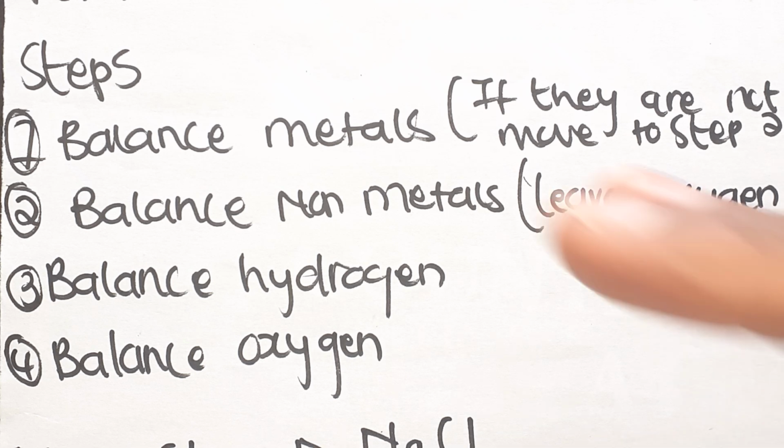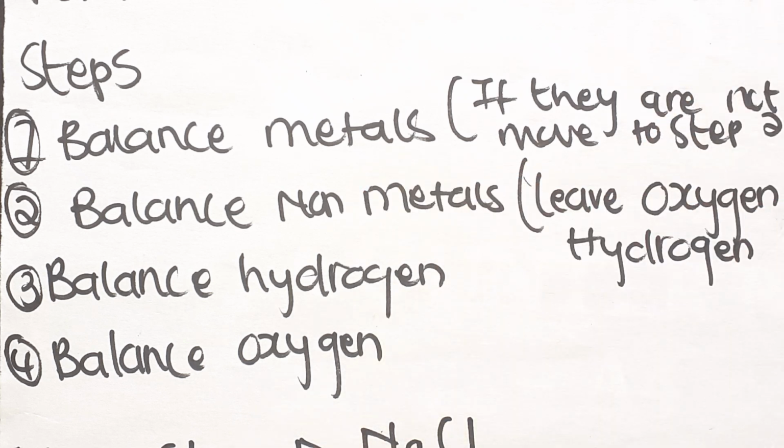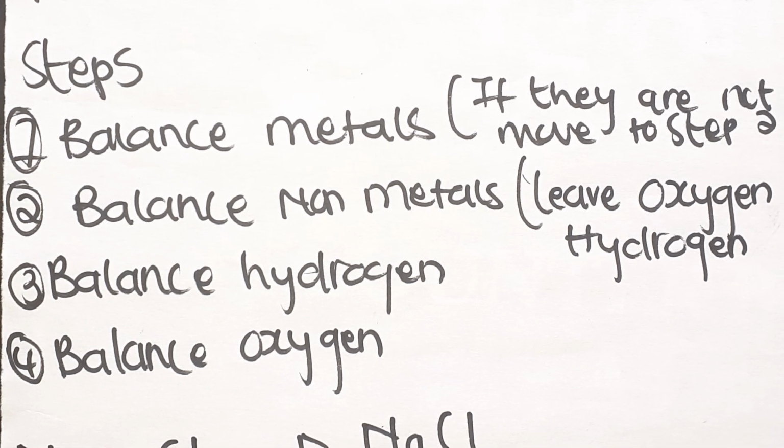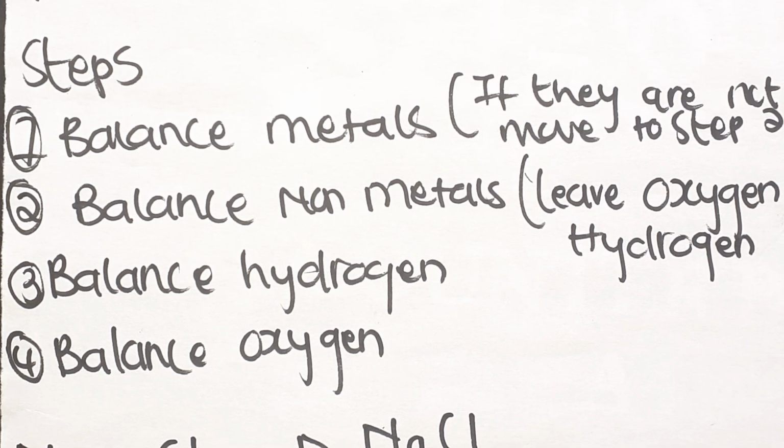And when you are done balancing those non-metals, or in other equations, it can be that there are no non-metals other than oxygen and hydrogen. So there's only oxygen and hydrogen as non-metals in that equation. You just go and balance hydrogen. So mind you, you can't balance oxygen before hydrogen. It has to be hydrogen first that is balanced, and then you can balance oxygen.